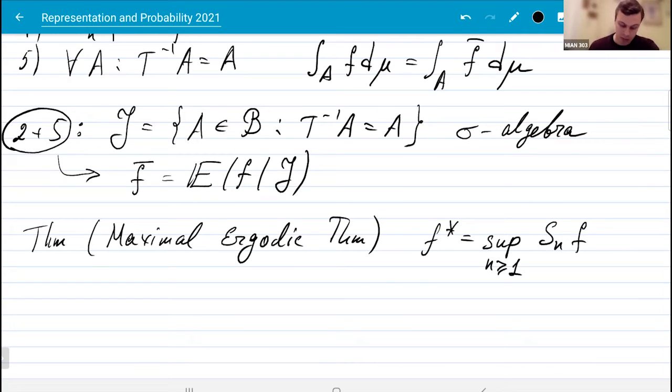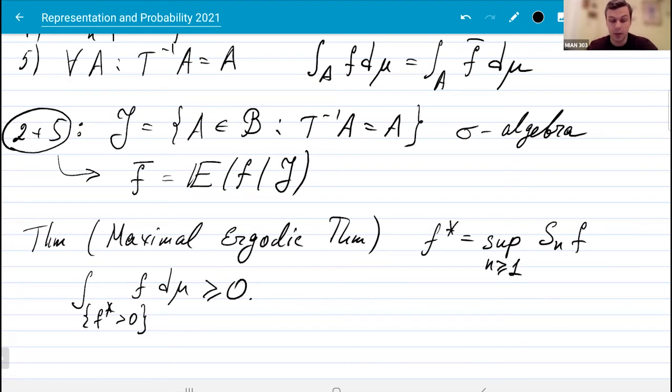The theorem says that the integral of our function over the set where f star is positive is non-negative. So this is the statement. Again, I will omit the usual part that we have the probability space, we have the transformation that preserves this probability measure, and that the function f belongs to L1.